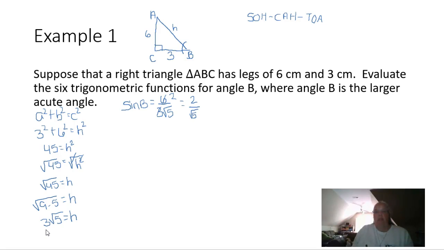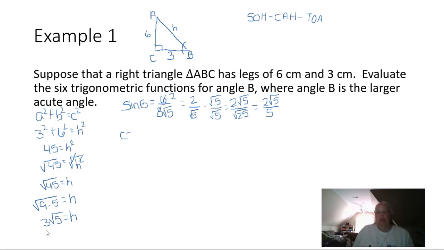But we don't want radicals in the denominator, so we'll have to multiply the top and the bottom by the square root of 5 over the square root of 5. This is going to give me 2 times the square root of 5 over the square root of 25. And I know the square root of 25 is 5. That means that the sine of angle B is 2 times the square root of 5 over 5.